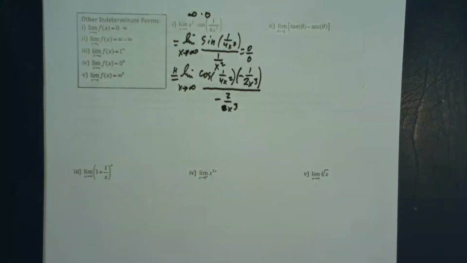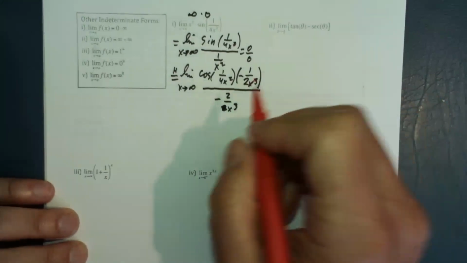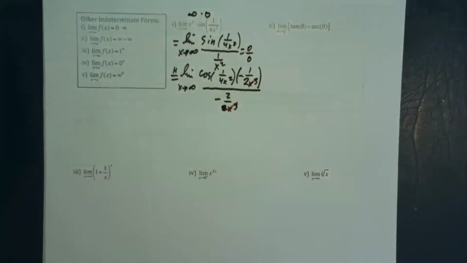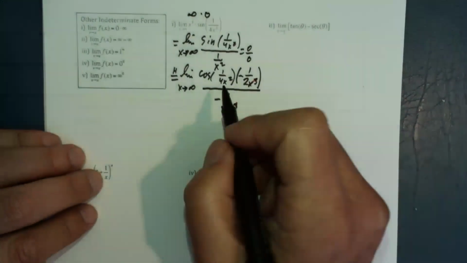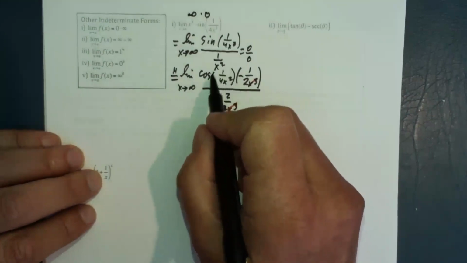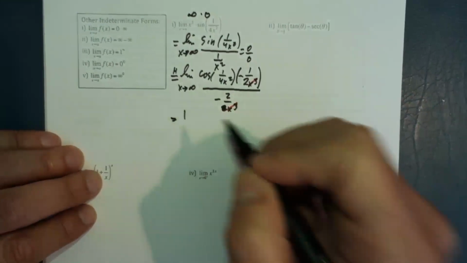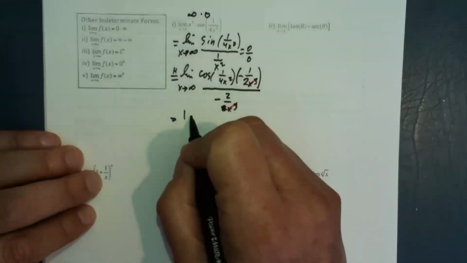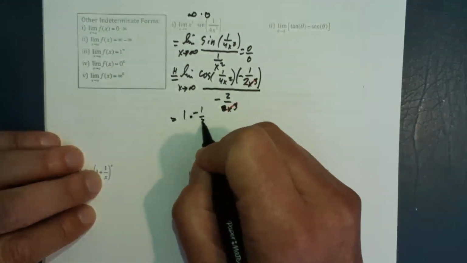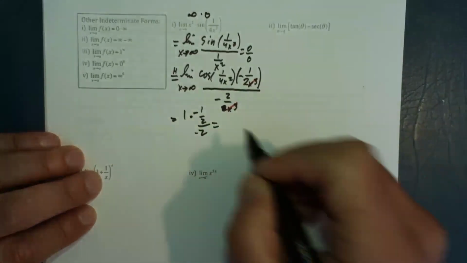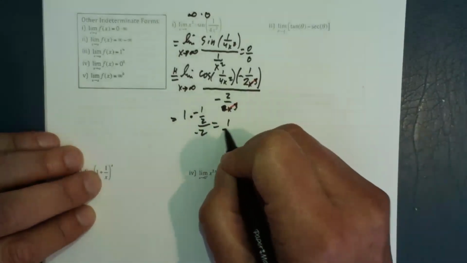And we can see the x cubes go away. And we are left with a couple of negatives, it looks like. Now, here's the good news. As that goes to infinity there, that whole thing goes to 0, and cosine of 0 is 1. And that's going to be negative 1/2 over negative 2, which when we scrunch it all down, just becomes a positive 1/4.